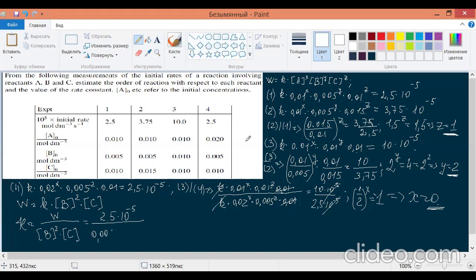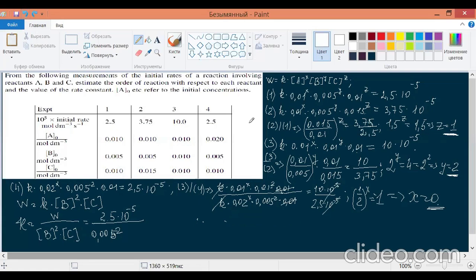Yeah, that's it. It has returned. So it equals 100.